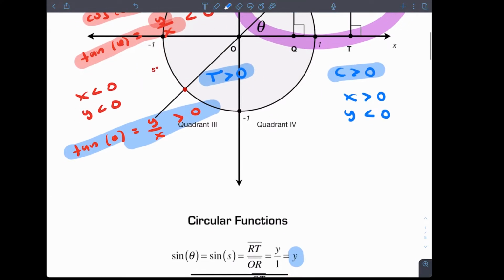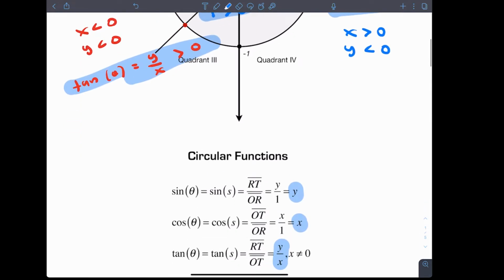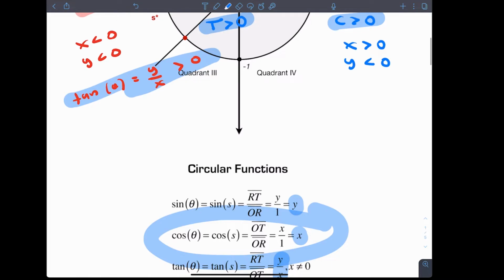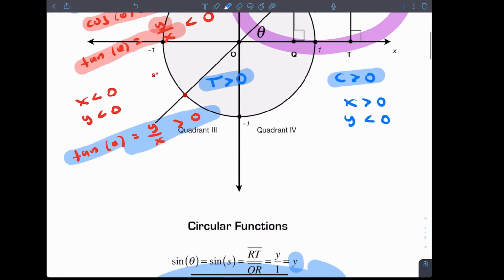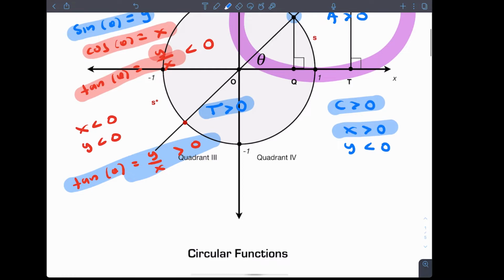So you say, why is this? What's the definition of cosine? It's the x-coordinate. See, by circular functions, x-coordinate. So there it is. Since it's positive, that means cosine's positive. So you remember all students take calculus.